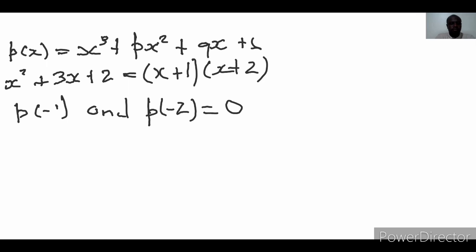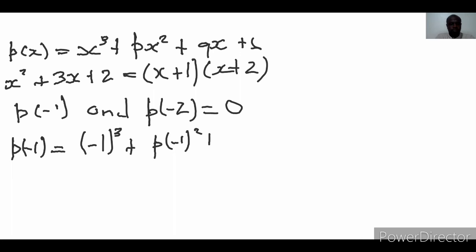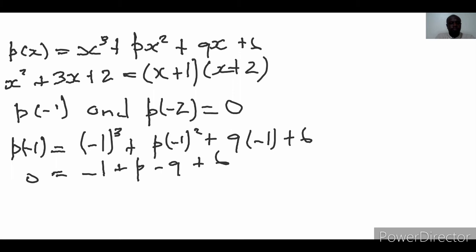And so now we're going to work equation 1, where we have p of negative 1 equals (negative 1) cubed plus p(negative 1) squared plus q(negative 1) plus 6, and 0 equals negative 1 plus p take away q plus 6. p take away q equals negative 5, and that would be equation number 1.